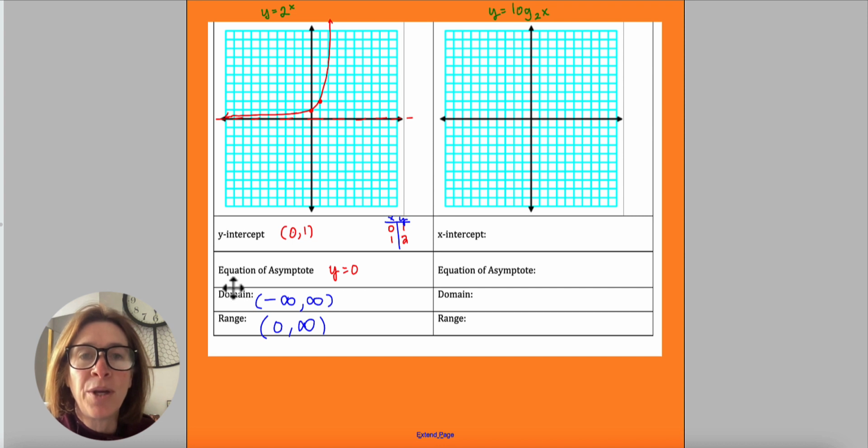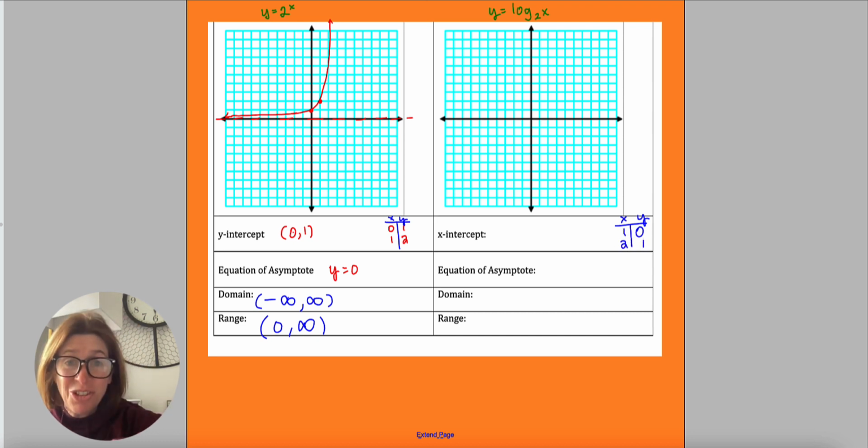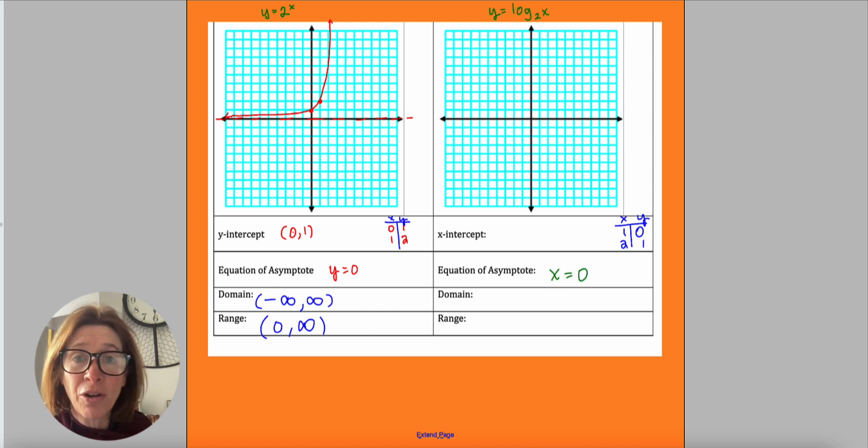Now, we have learned a lot about inverses. So if I didn't know anything about the log and I just wanted to look at the inverse graph, all I would need to do would be to flip the points. So the points would become 1, 0 and 2, 1. And if it had a horizontal asymptote, a y equals asymptote, if x's and y's flip, it would go from y equals 0 to x equals 0, so a vertical line.